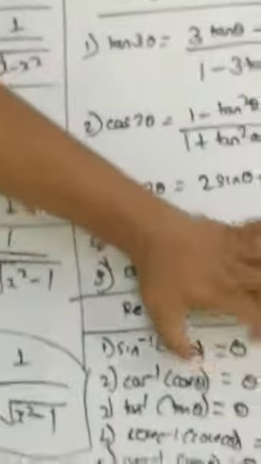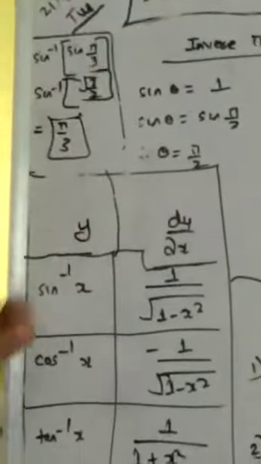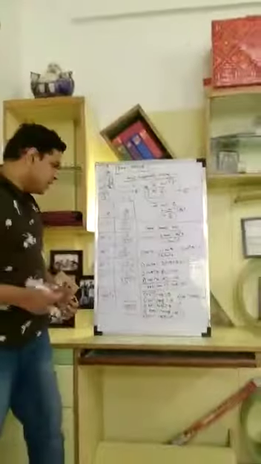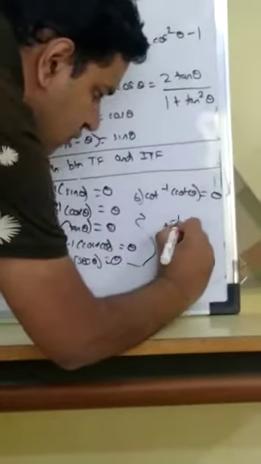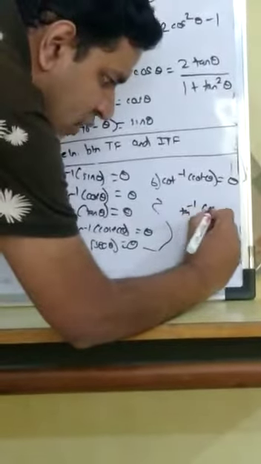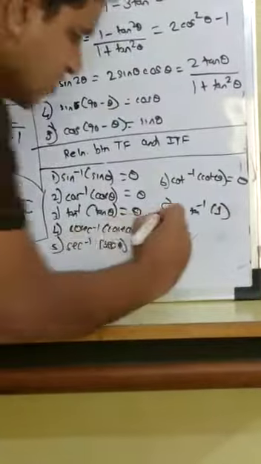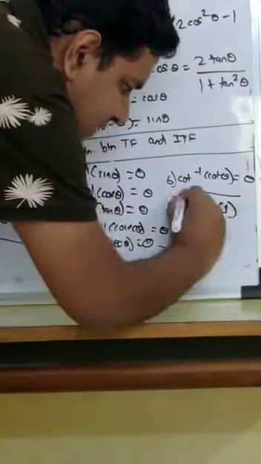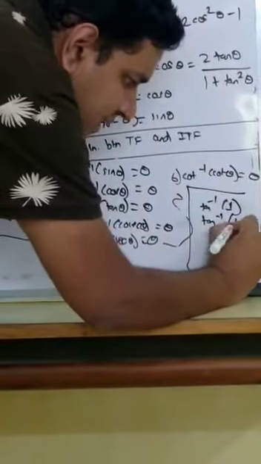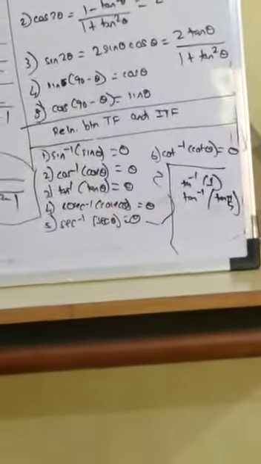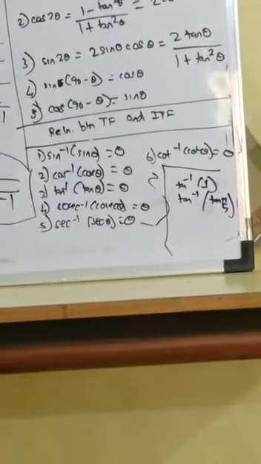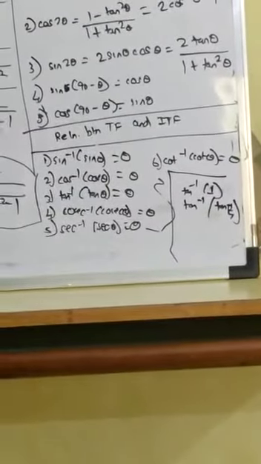So that sort of proves this formula. Sine inverse of sine theta is equal to theta. Originally I started off with sine inverse sine of pi by 3. It gave me pi by 3. Let's take one more.